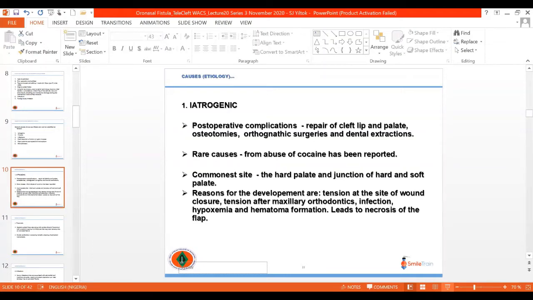Usually, instrumentation, maybe slipping of an instrument in the course of extraction, or instrumentation for one surgical procedure or the other, can lead to fistula formation much later on.